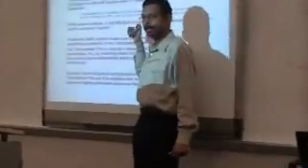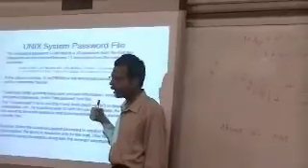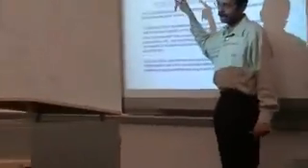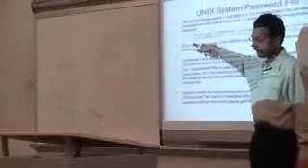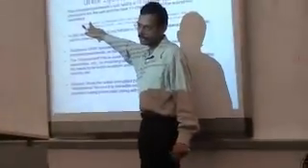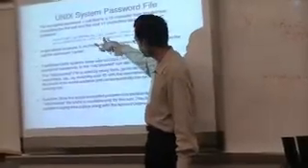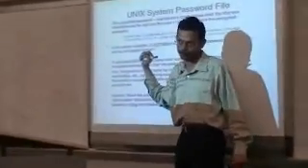The reason it's publicly accessible is that there are several other programs or applications in Unix that use this file. Internally each user is kept track of using the user ID, not the username. We may think we are kept track of based on the username, but the username is basically for identification purposes. Internally, every user and every group are kept track of based on user ID and group ID.